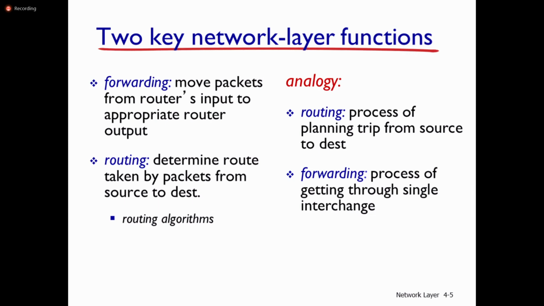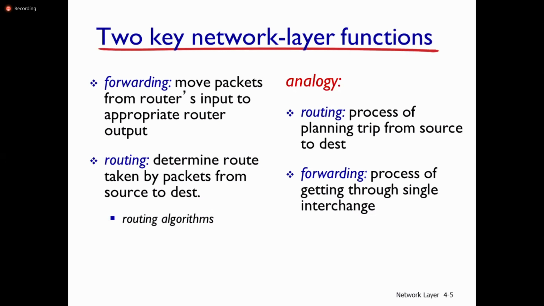Forwarding is not completely technical, simply it moves packets from a router's input to the appropriate router output. While coming to routing, it determines the route of the packets from source to destination. So the entire route between source and destination is specified by routing.